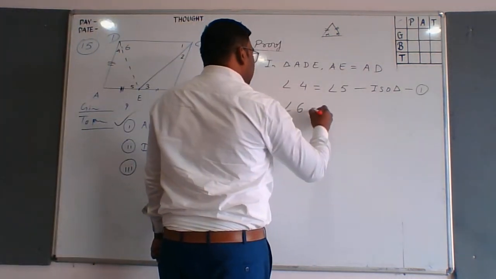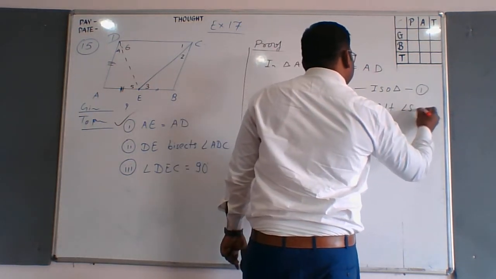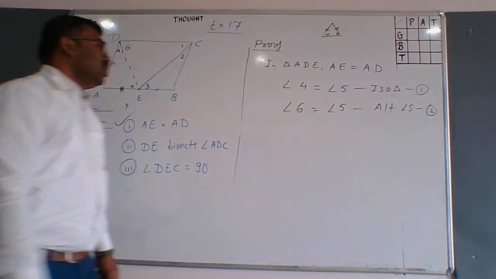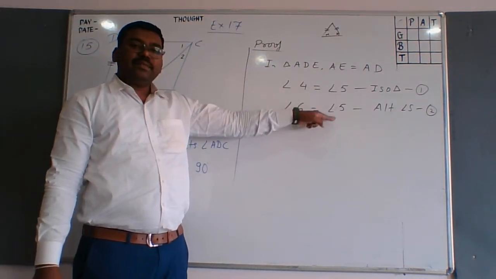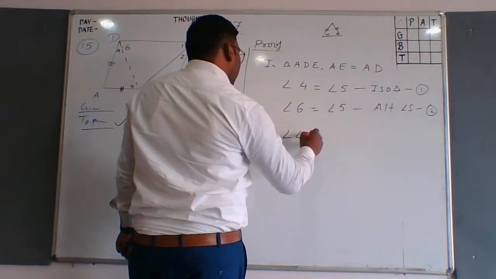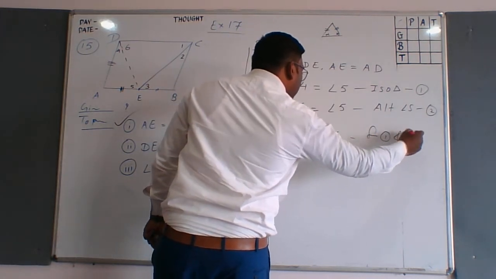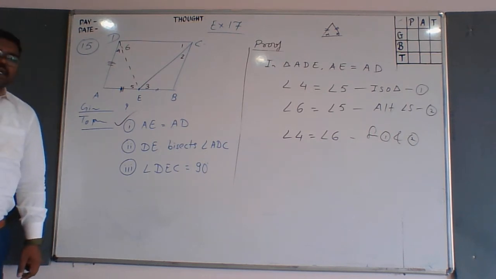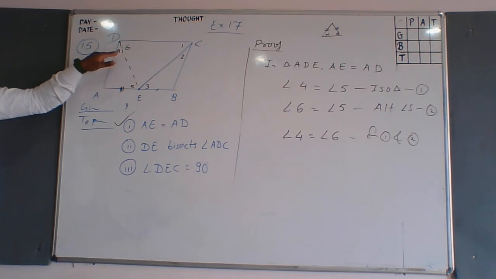Angle 6 equals angle 5 as they are the alternate angles. Let it be 2. Correct? So in both of these, angle 5 is there. It means angle 4 and angle 6 are equal, from 1 and 2.